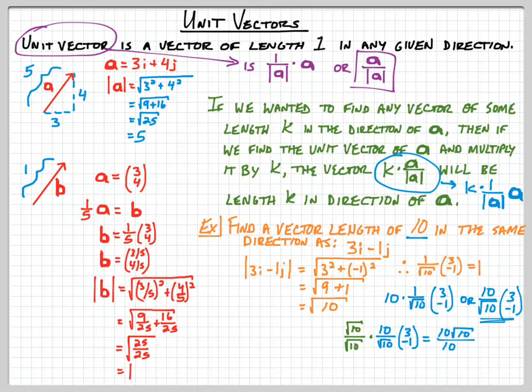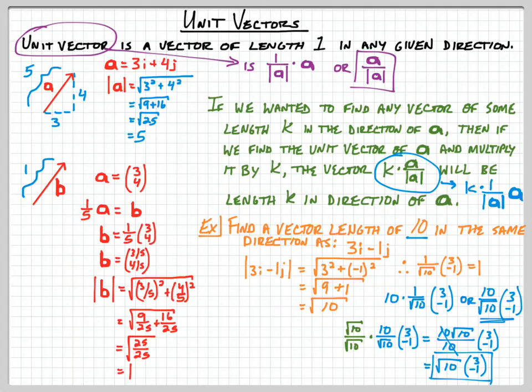Because square root of 10 times square root of 10 is 10, and then the numerator is just multiplying those two values together, times 3, negative 1, and our 10s cancel out, so we're left with root 10 times 3, negative 1. So strangely enough, this is our vector of length 10 by multiplying it by this square root of 10. So it seems kind of counterintuitive after we go through all this simplifying, but that's our vector of length 10.